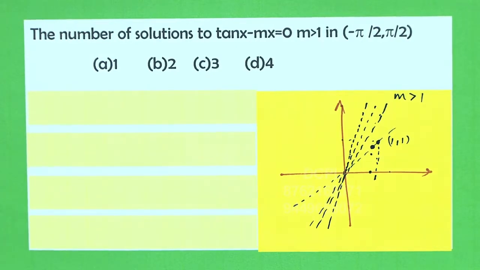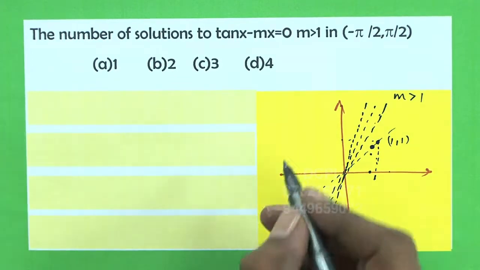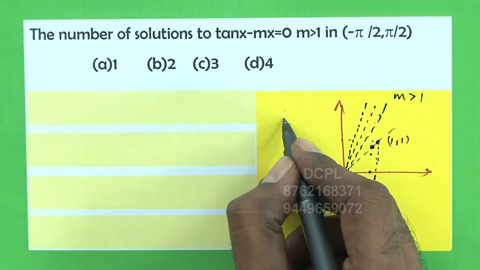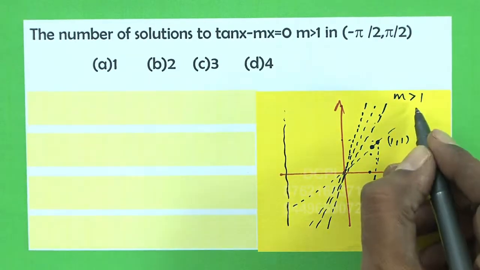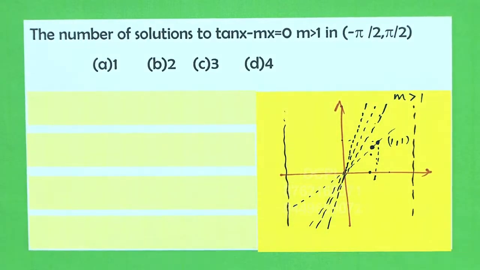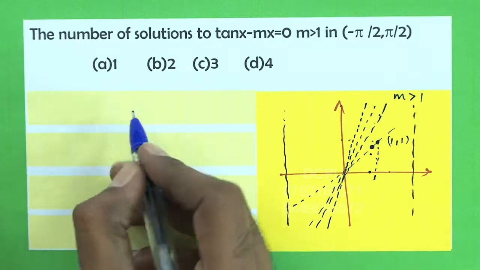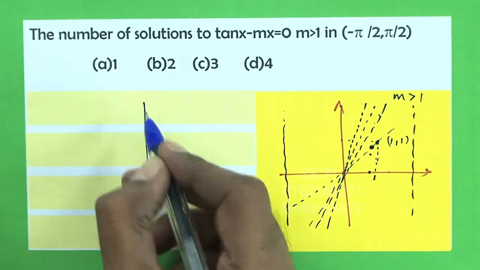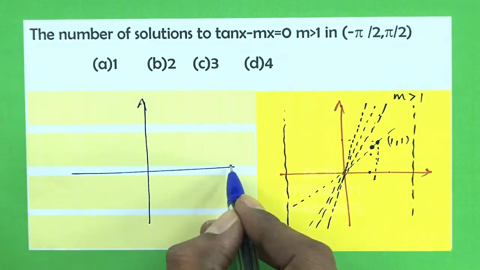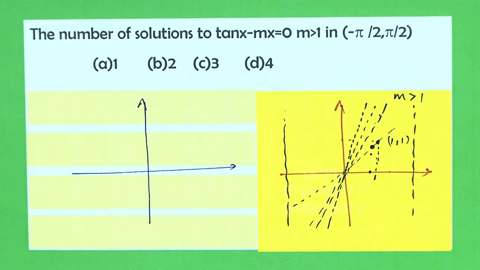Now, our concentration is on y is equal to tan x, x belongs to minus pi by 2 to plus pi by 2. This is minus pi by 2, this is plus pi by 2. Now, you have to observe carefully, dear students, right? I will draw the graph of y is equal to tan x between minus pi by 2 to plus pi by 2 here. Try to concentrate properly.